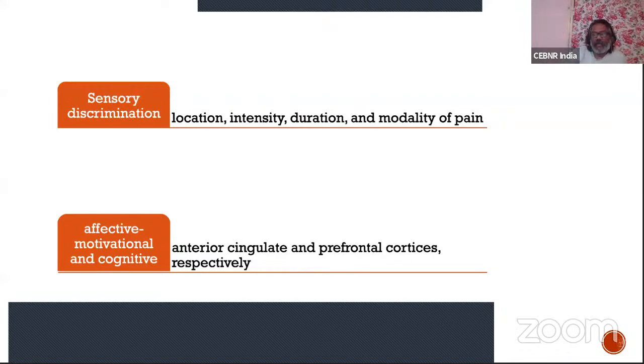For that, as you already pointed out, the most important part is the prefrontal cortex, especially what we call the anterior cingulate gyrus. So they are also part and parcel of the frontal cortex. These two are very, very important for us to perceive pain, to understand pain.